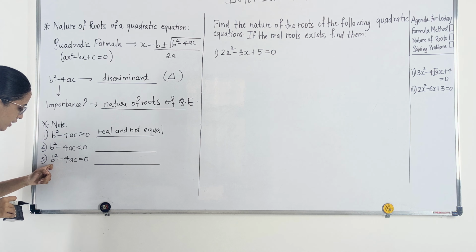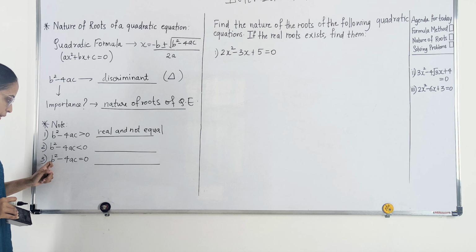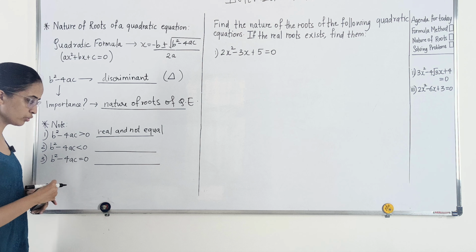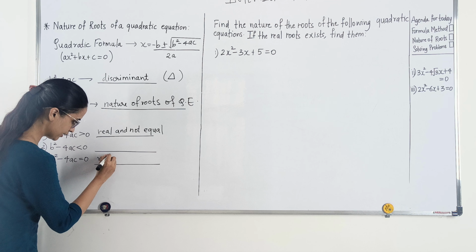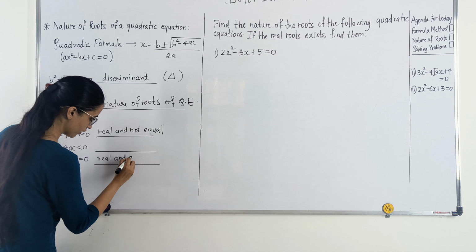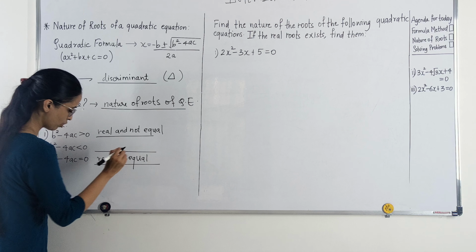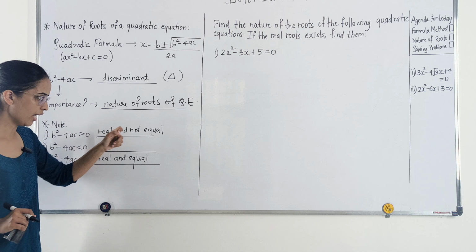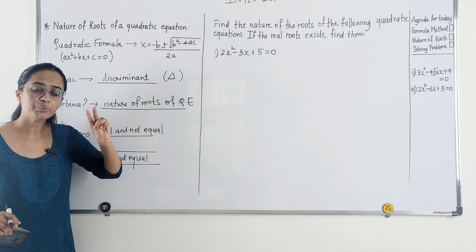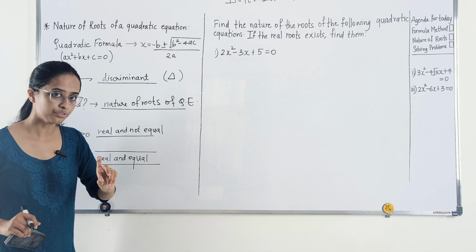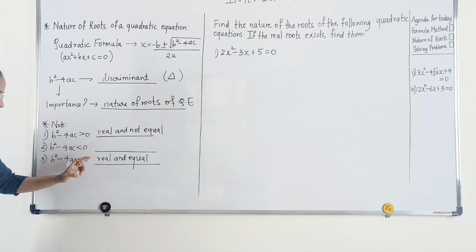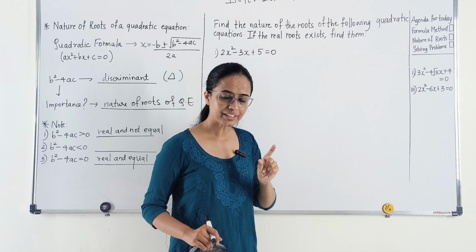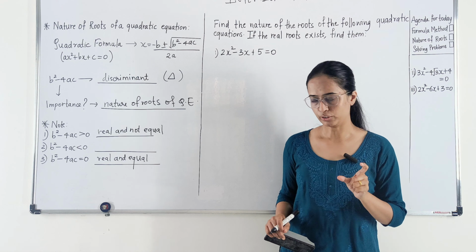Similarly, when the value for the discriminant b square minus 4ac is equal to 0, again in this case the roots would be real, but this time they would be equal also. So whenever the value for discriminant is positive, the roots are real and they are not equal. That is, you would get two distinct real roots, and whenever the value for the discriminant is equal to 0, again the roots would be real numbers, but in that case both these roots would be equal.